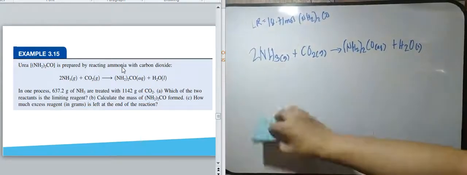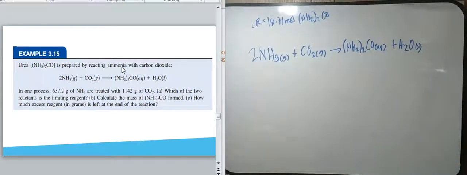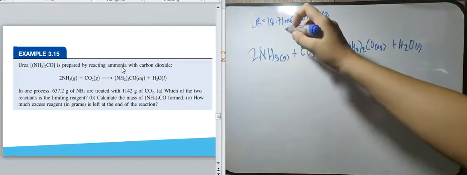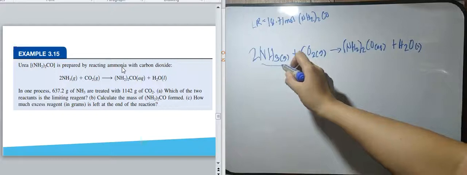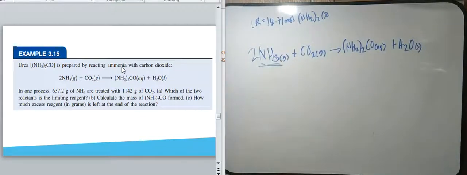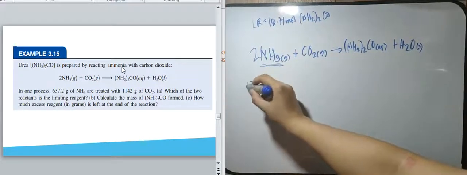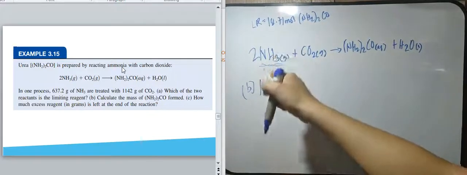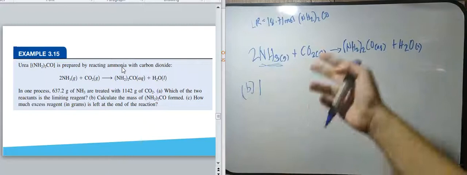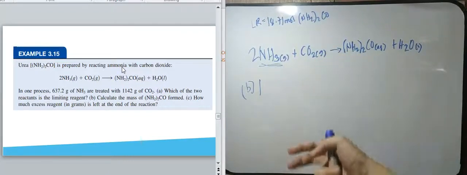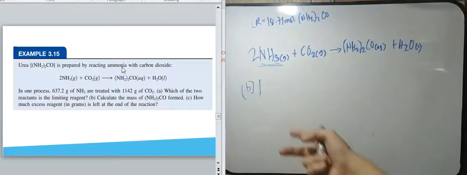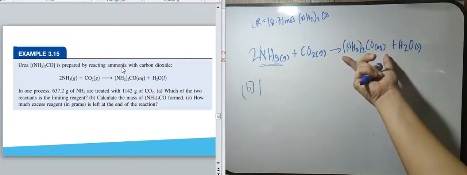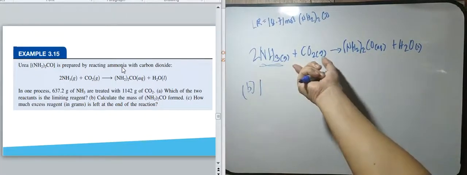So the answer to letter A is ammonia. In letter B, we will use the limiting reagent because it's the first one that will be used up. Basically, it's the one that is used up first in order to produce the product.